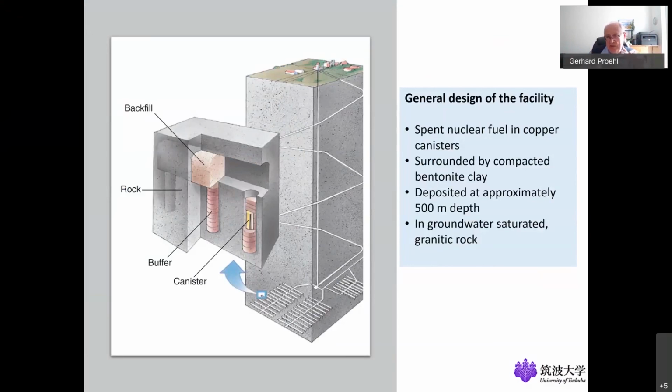The host rock is granite, and this granite is water saturated. That's why we have these copper canisters, to avoid leakage of the radionuclides in the canisters for long-term isolation.